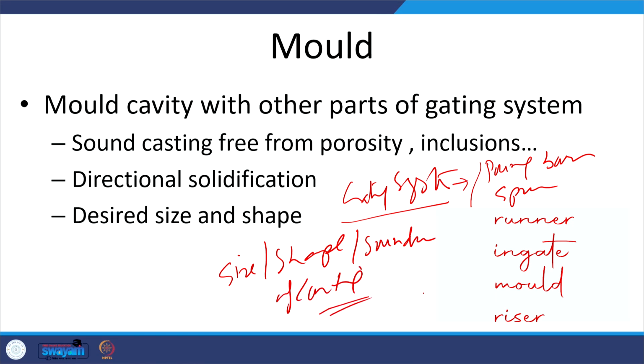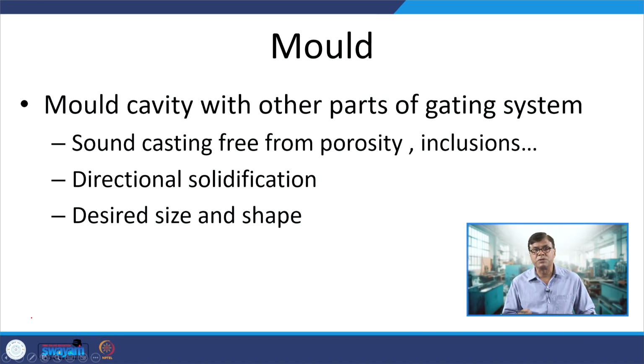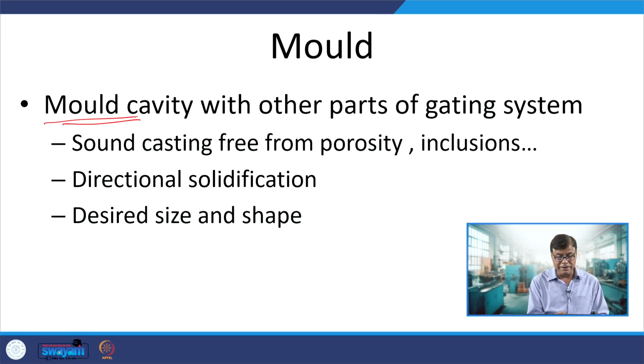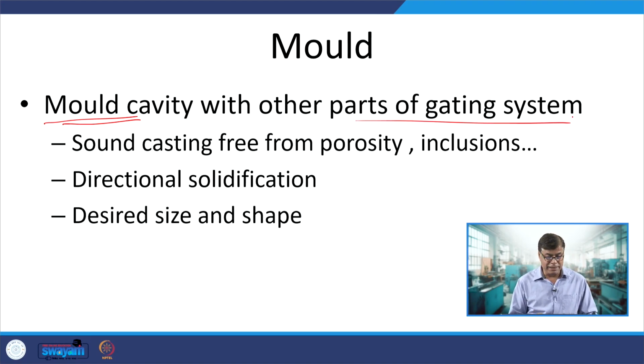So it is very important that the mold is prepared properly using molding sand of the desired characteristics, so that a sound casting can be produced. How good and how sound the casting will be depends upon how good the mold cavity has been produced, apart from other parts of the gating system.